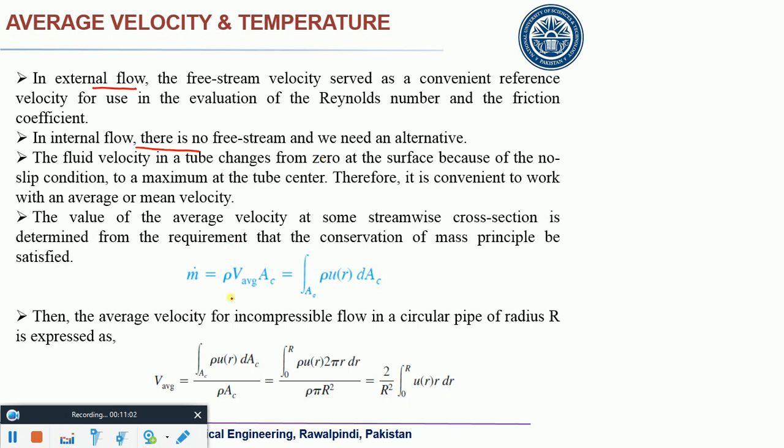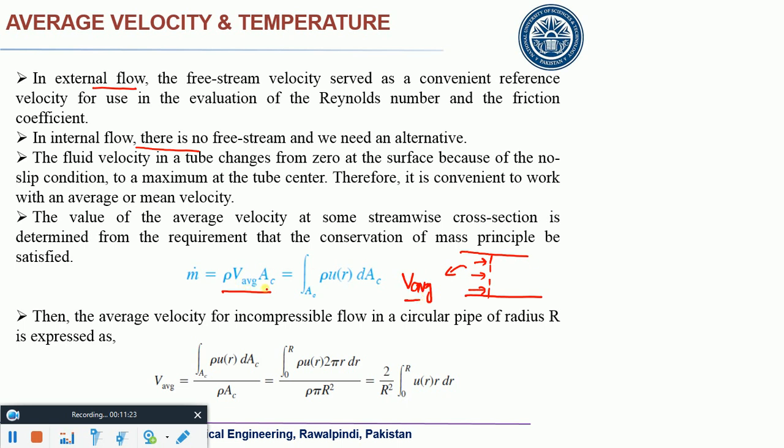Right, now how can we find that out? Let's say for any cross section within the pipe, there is a mass flow rate going on, and I just assume that throughout this cross section I have a velocity of V average. I just assume it.